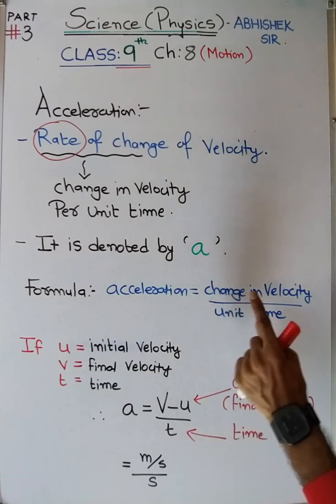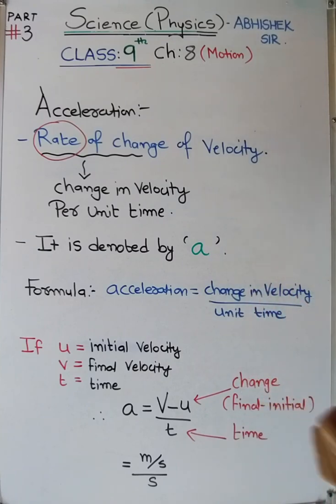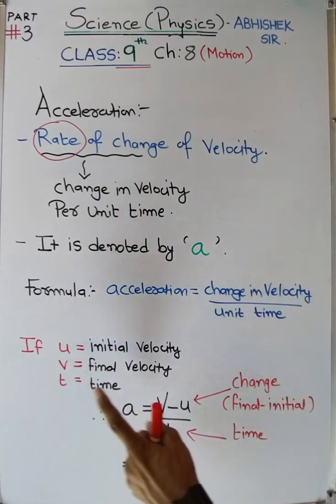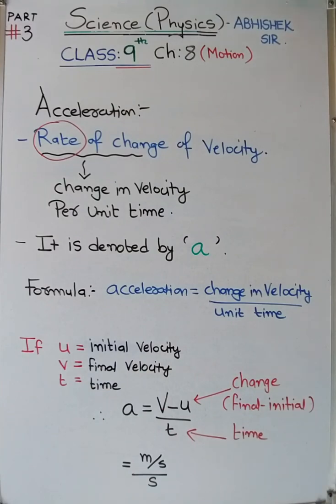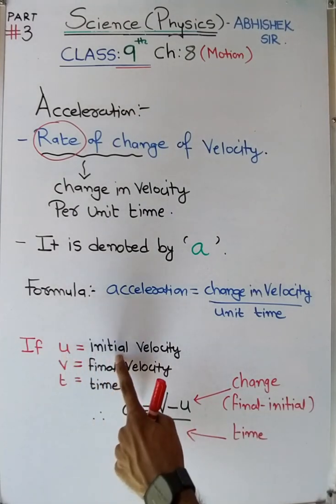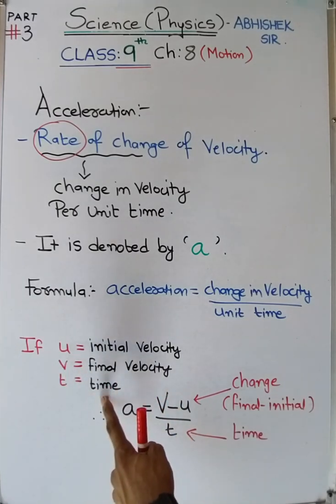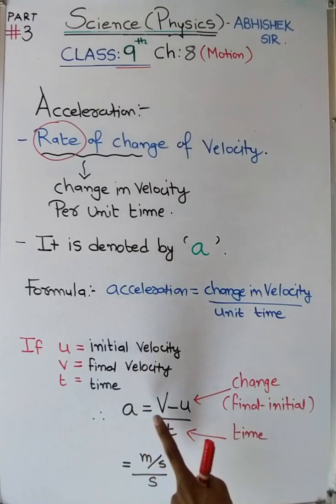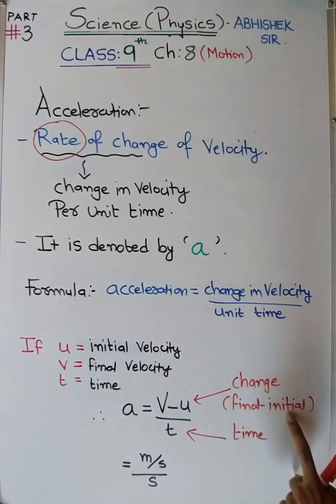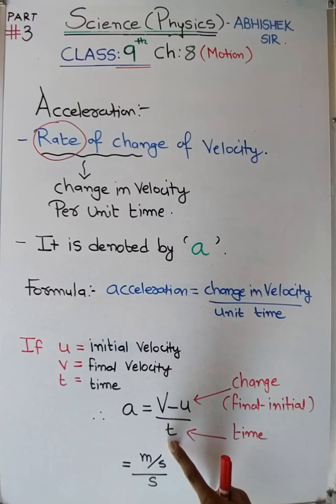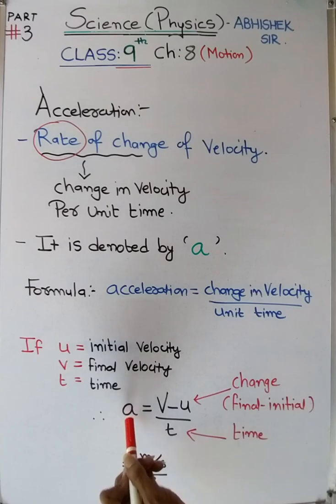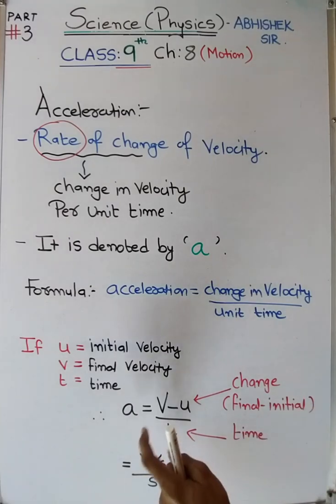Here we are finding change in velocity, that is why we must suppose what the initial and the final velocity were. Assuming that u is the initial velocity, v is the final velocity, and t is time, acceleration a equals v minus u, that means final minus initial, upon time. Clear? So this is the original formula of acceleration: a equals (v minus u) by t. Whenever we solve numericals related to acceleration, we will use this formula.